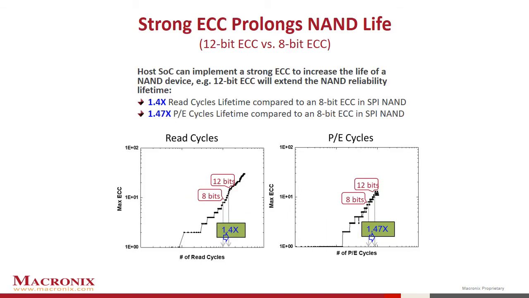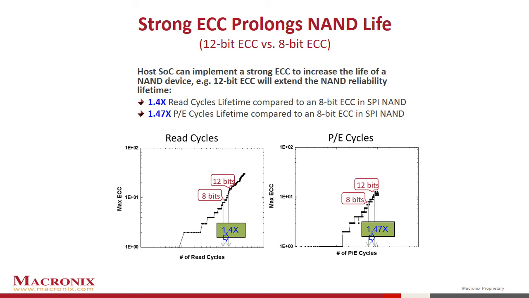During NAND read or program operations, bit disturbs can occur. One additional benefit of host-based ECC is the ability to use stronger ECC and prolong the life of the NAND device. When using NAND with on-chip ECC, the device operates with a fixed level of ECC, for example, 8 bits error correction.